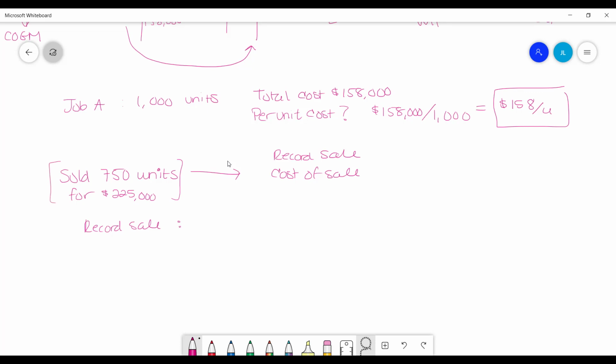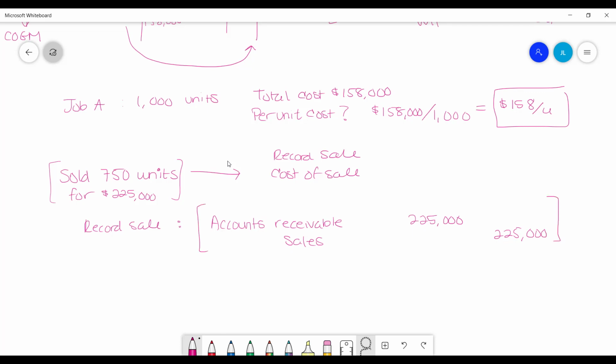That's an assumption we're making. Let's assume that wasn't in cash, that was sold on account to our customers. So remember, when you can't receive cash right away, then we don't debit cash, but instead we debit accounts receivable. So to record the sale, we're going to debit accounts receivable for $225,000, and then we're going to credit sales, because remember, to increase the sales account, you credit that.